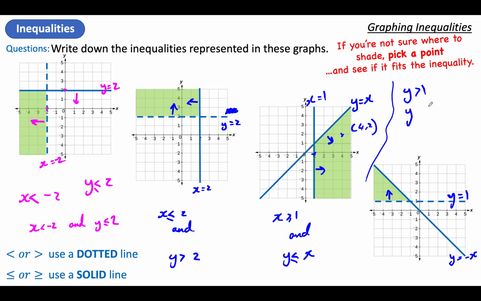And y and minus x, well, it's to the left of that. Again, pick a point, anything to the left of that line. Now this is where it gets a little bit complicated. So we're going to pick a point, and I'm going to write down the coordinates. That's 1 across, -3 down. At that point, you might be going, well, y is less than the x, so that's fine.